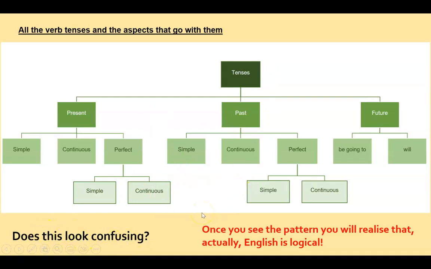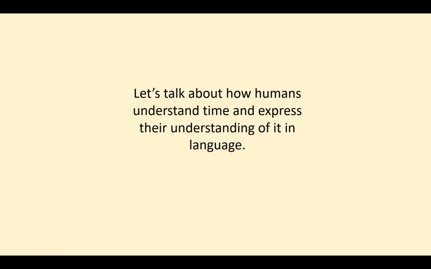But it's not. Once you see the pattern, you will realize that actually English is logical. And the fact that you are a human, at least I assume you are, and you understand time, present, past, future, you can actually make sense of this quite easily.